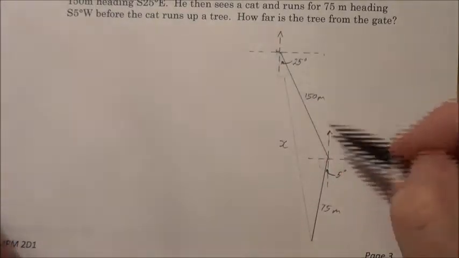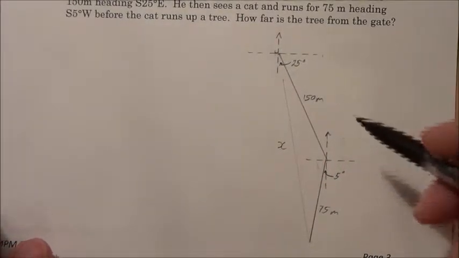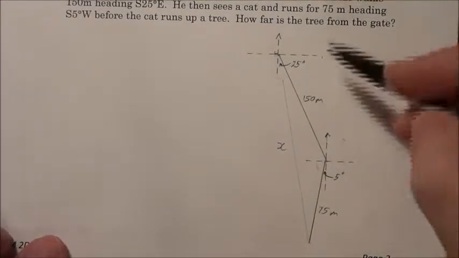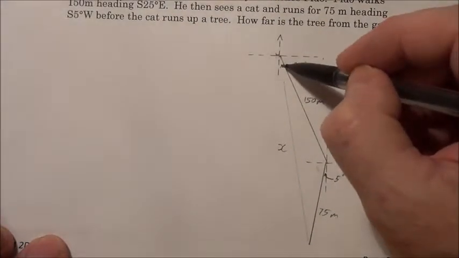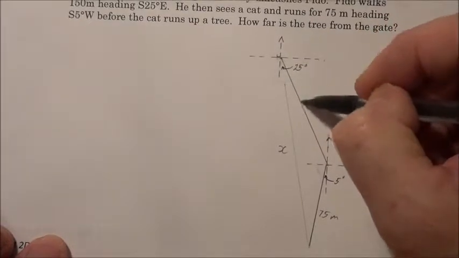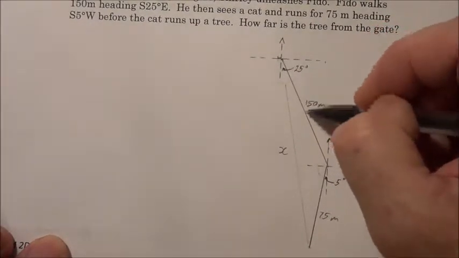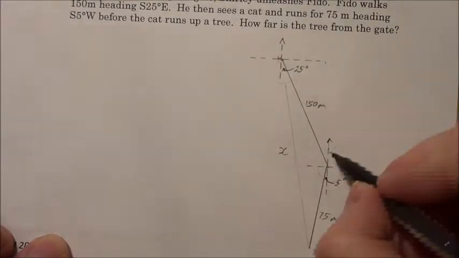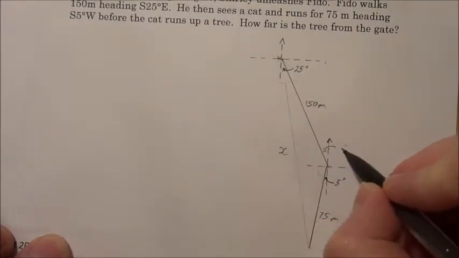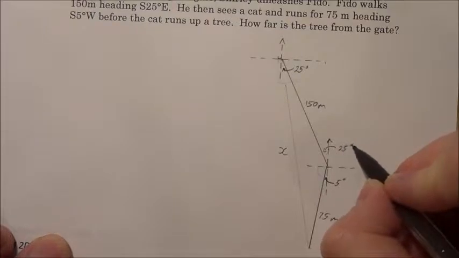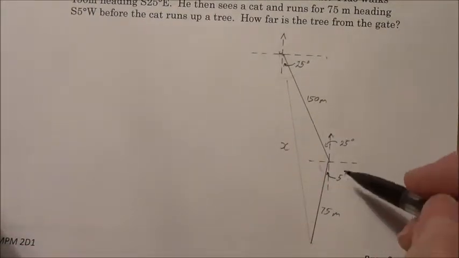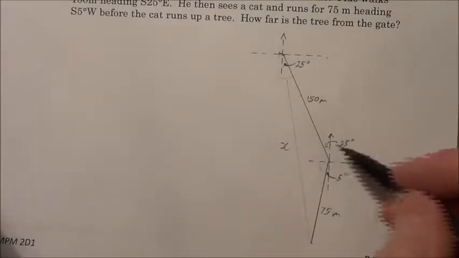So that's a situation where we can use the parallel lines theorem from grade 9. So I know this is 25 degrees, and if I can visualize the Z pattern here, that means that this out here is going to be 25 degrees. And then we've got 5 degrees out here, so now we're getting someplace.